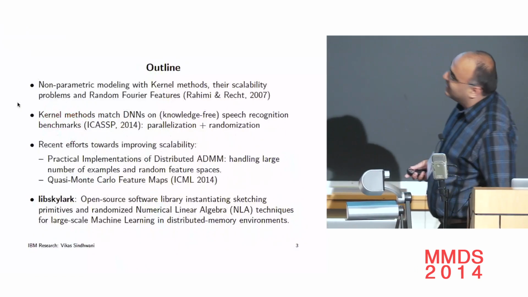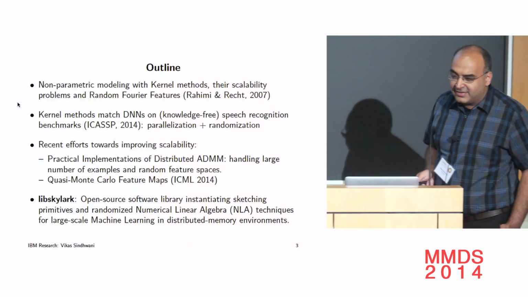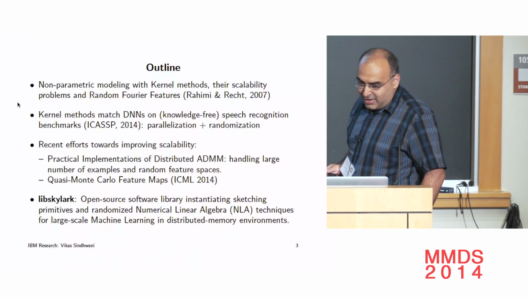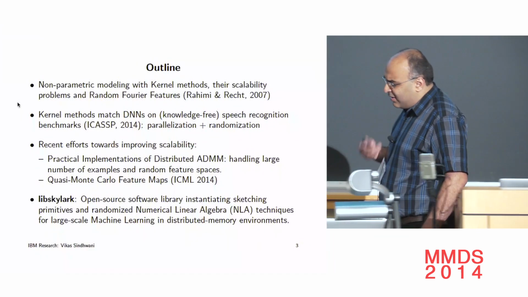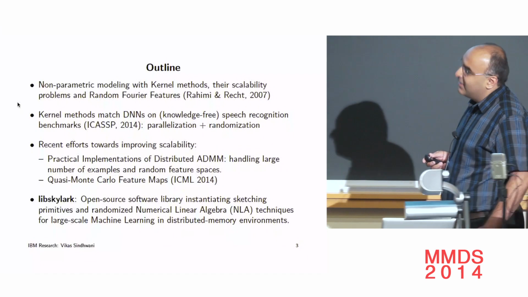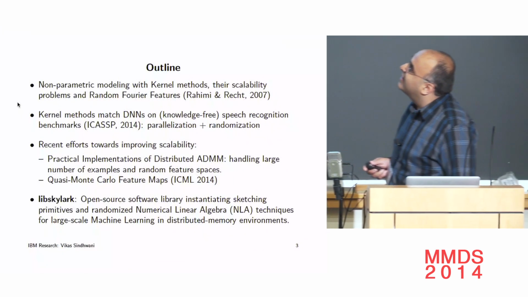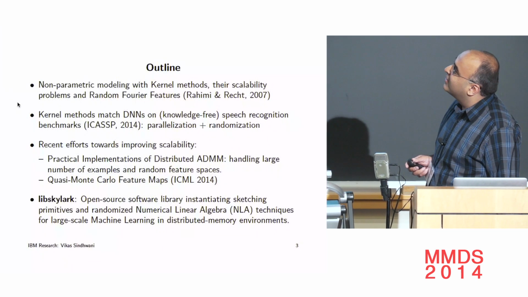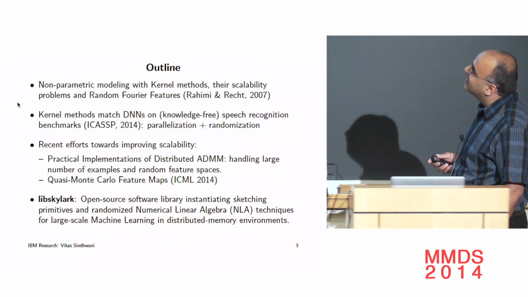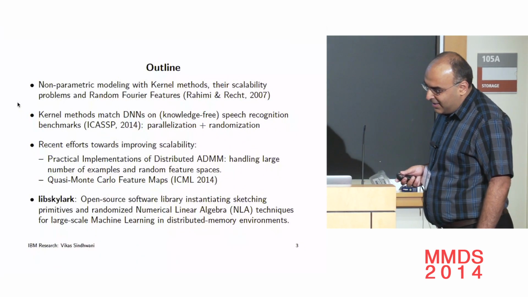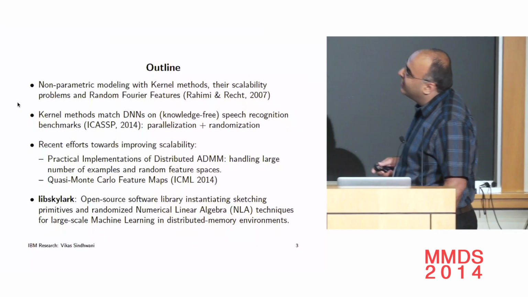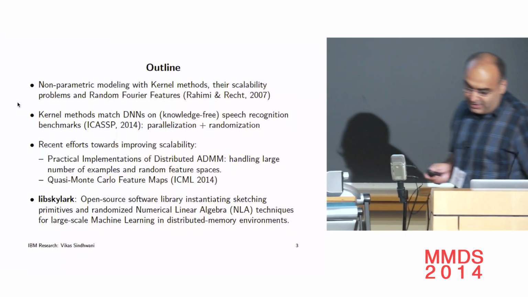So with that motivation, here's the outline for the talk. First, I want to give a background for kernel methods, which is a rigorous way to think about non-parametric modeling, and the scalability challenges that arise in that setting. And then I'll focus on the random Fourier features technique introduced by Rahimi and Recht, which we'll build on, and which has certain advantages in terms of scalability.